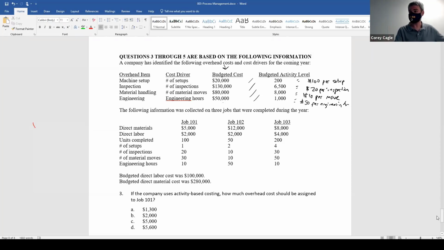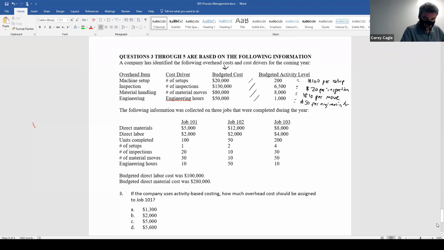Definitely the one that requires all this work, right? Now, if we had 2 product lines that weren't really that different from each other, this would be worthless, right? But if we have product lines or jobs that use different levels of each of these different things, then this is a useful thing and it'll give us a lot more accurate product costs, right?